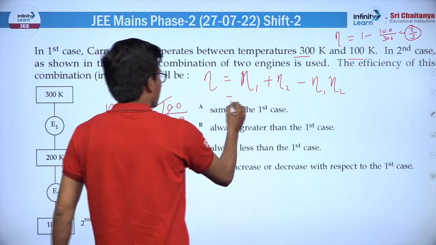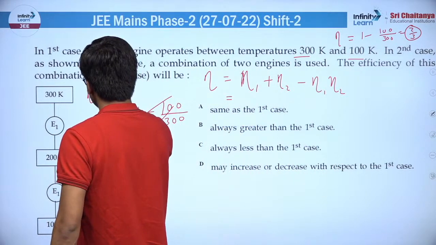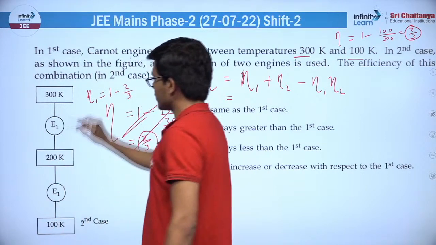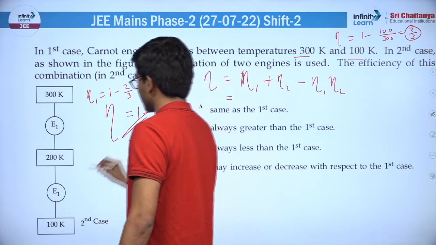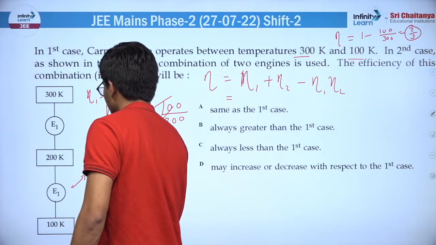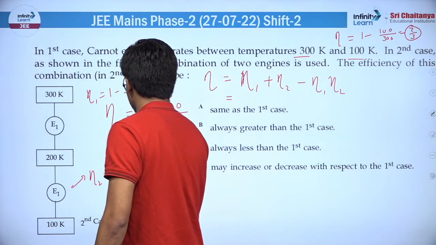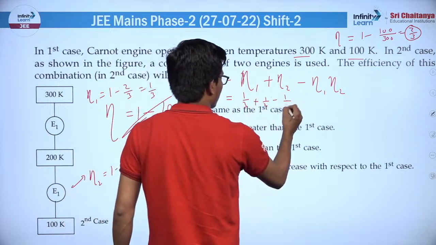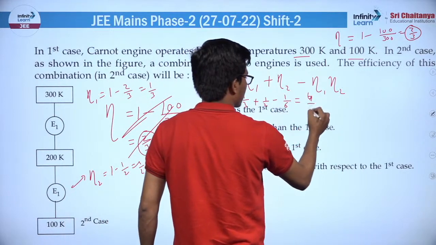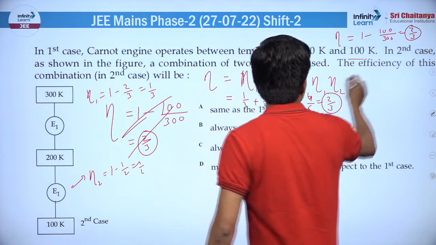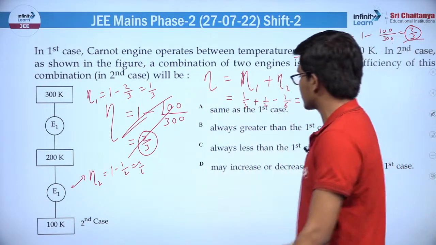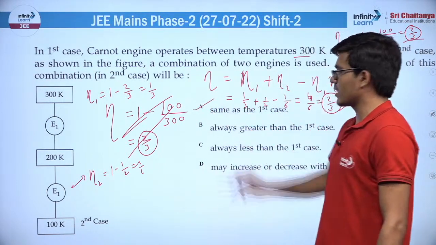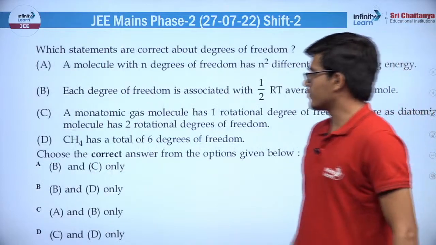So first efficiency you can find here, 1 minus 2 by 3 will be there, 200 by 3, so it is actually 1 by 3. Second efficiency you can find 1 minus 1 by 2, that is equal to 1 by 2. So if you put here 1 by 3 plus 1 by 2 minus 1 by 6, it is actually 4 by 6, that is 2 by 3. So in the first case it was 2 by 3, in the second case it is also 2 by 3, so it is the same as the first case.